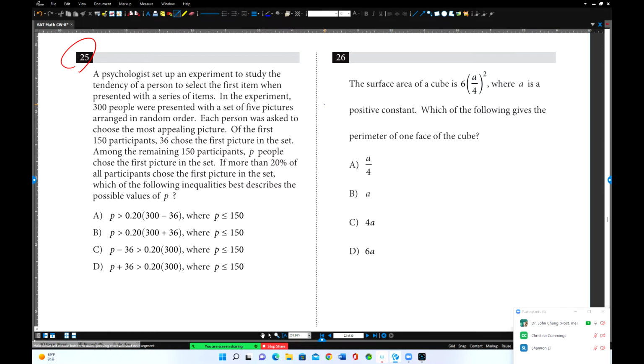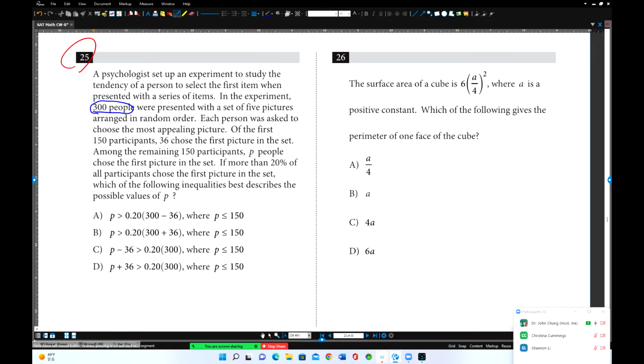A psychologist set up an experiment to study the tendency of a person to select the first item when presented with a series of items. In the experiment, 300 people, this is a sample size of 300, were presented with a set of 5 pictures arranged in random order.